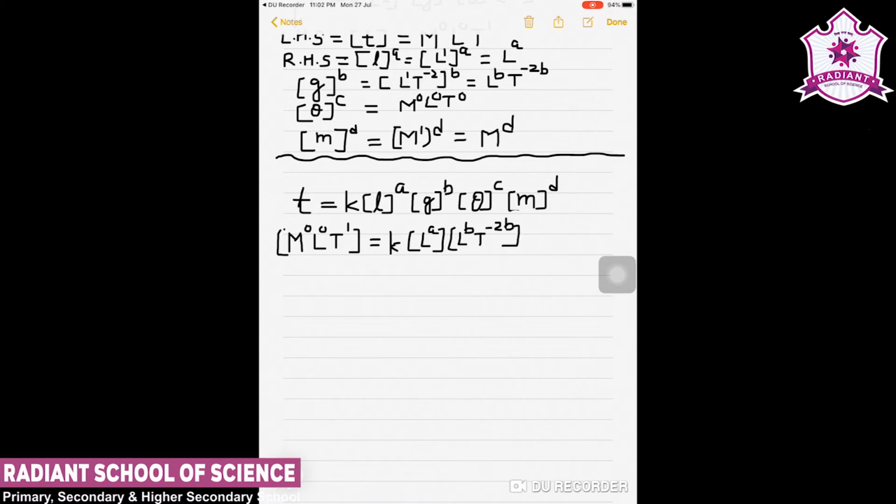Then theta has no dimension, so there is no need to write it down, and mass, that is m to the power d. Now we will compare them. First we will write k as it is. Now I will write m to the power d.